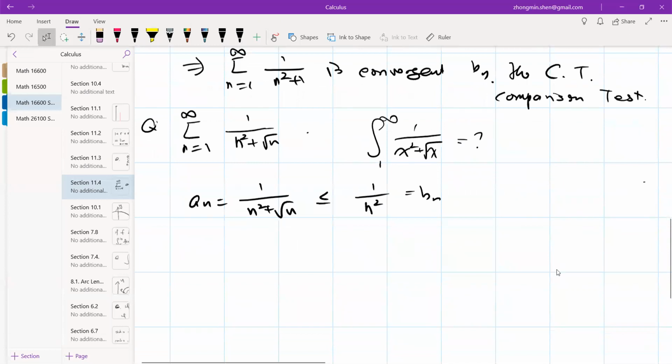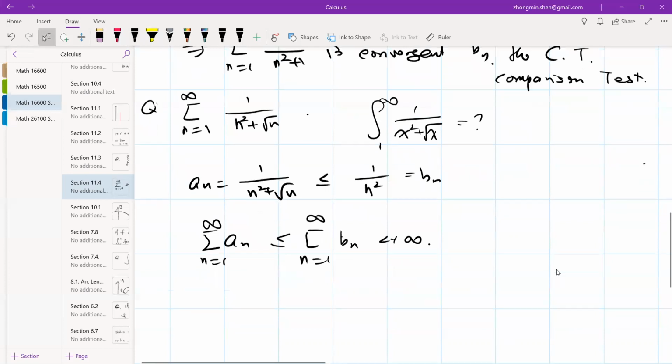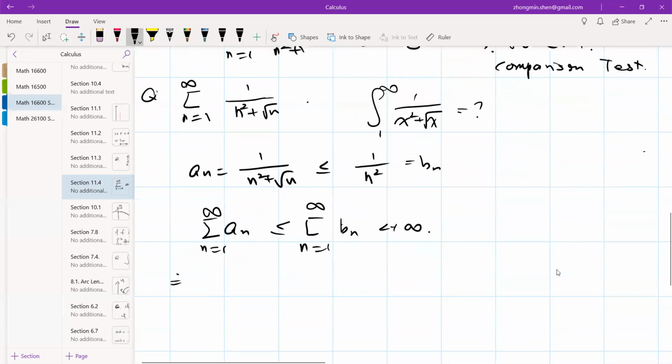Anyway, this is the same story, and n starts from 1, right? It's less than or equal to bn, and the bn is finite, so that implies it is convergent.